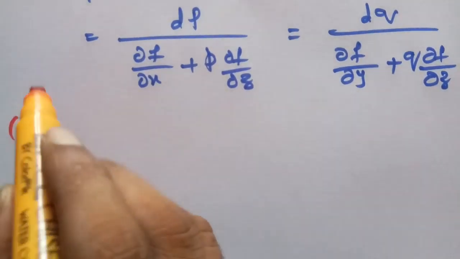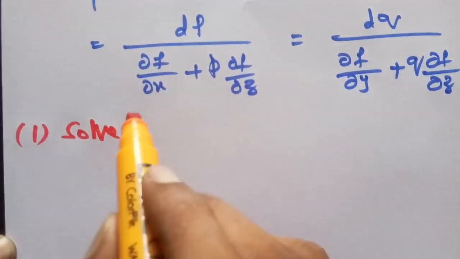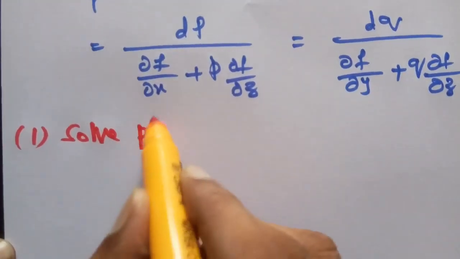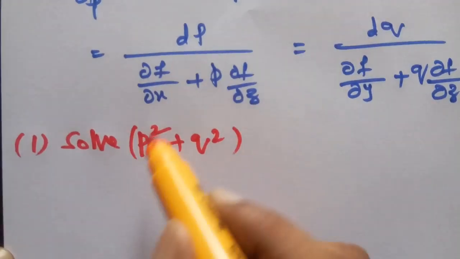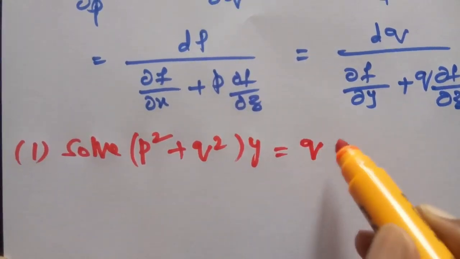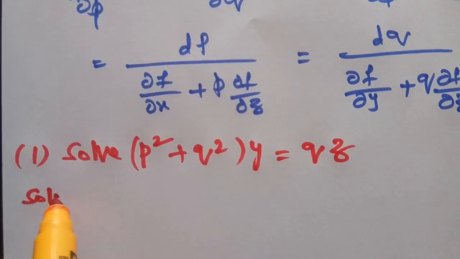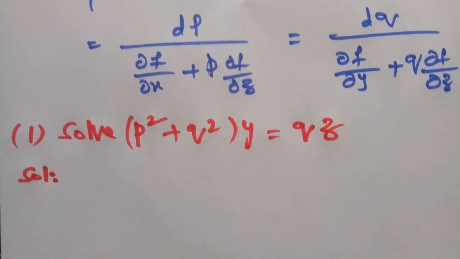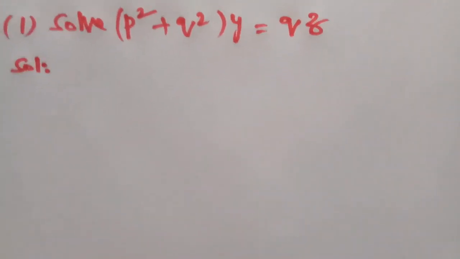Problem number 1. Solve p square plus q square into y equal to qz. Solution: first write down the given equation.